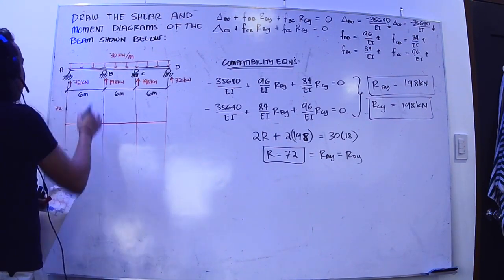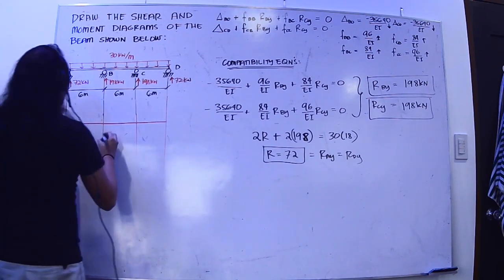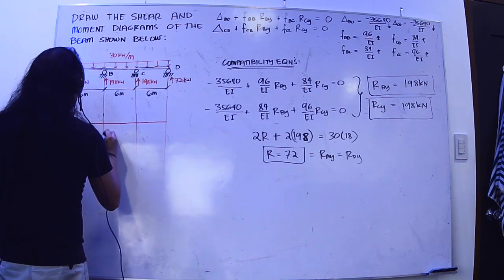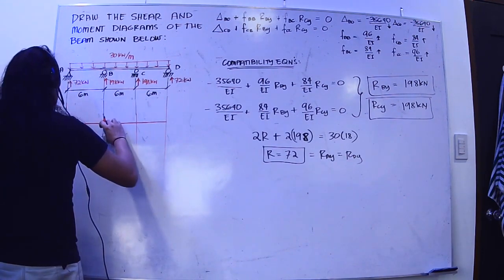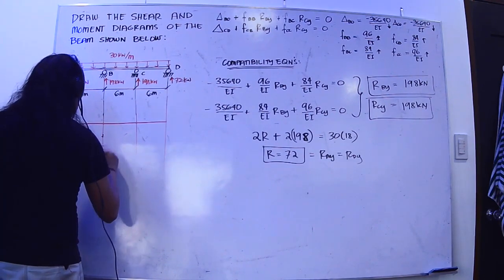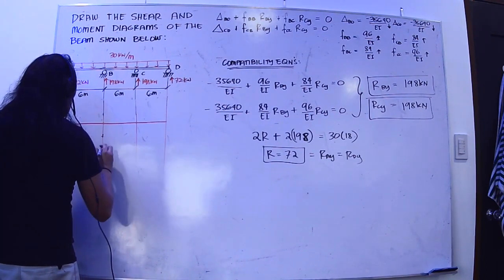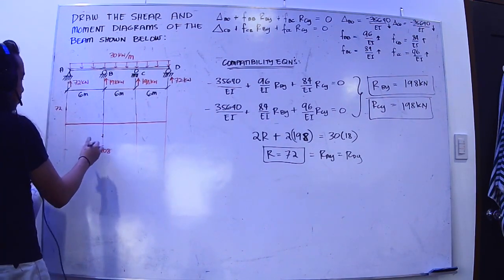6 times 30, that is 180. 72 minus 180, that is negative 108.